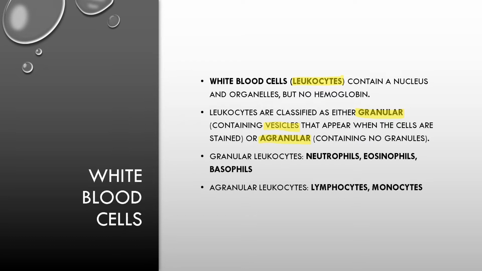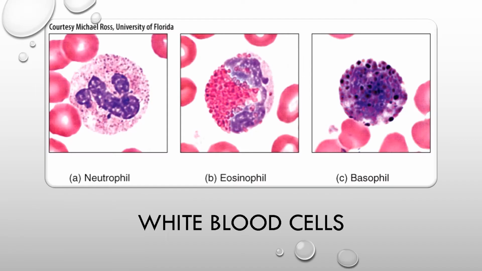Now, granular leukocytes are going to include neutrophils, eosinophils, and basophils. And agranular leukocytes include lymphocytes and monocytes. So we'll see pictures of them and you can see these granule-filled vesicles. Now these white blood cells have been stained with an acidic and basic stain.